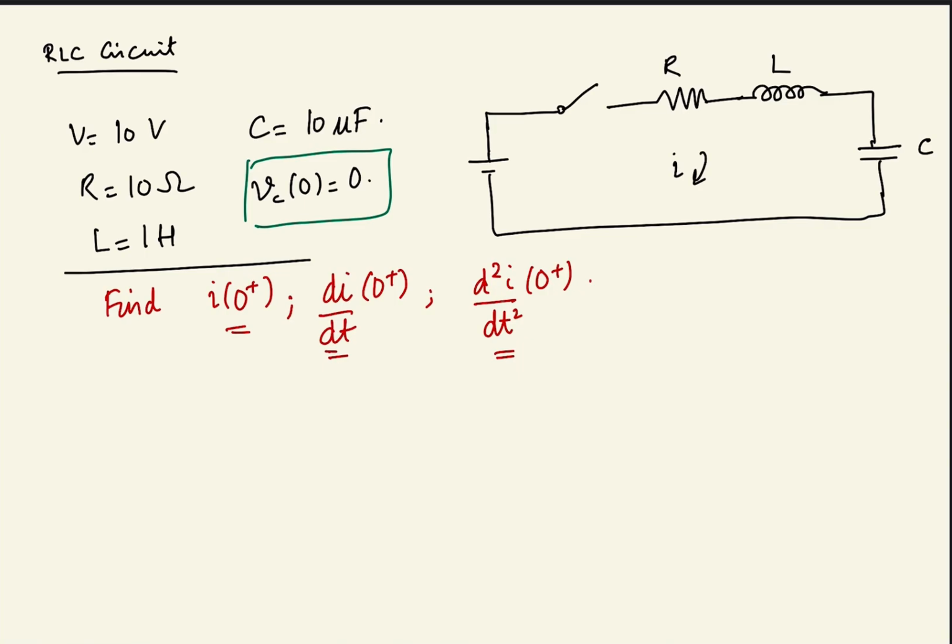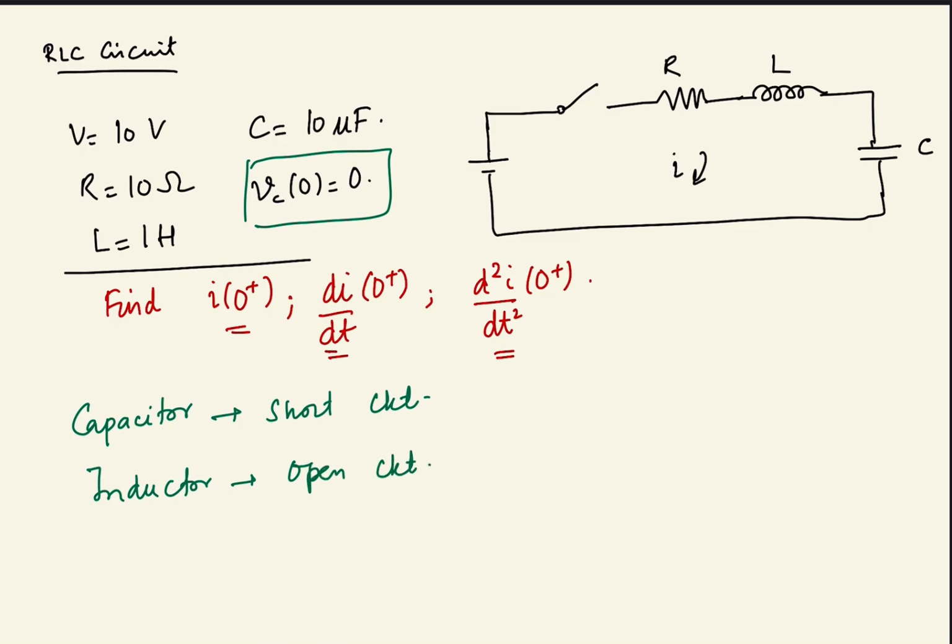Okay, now what are we supposed to do? Like I said in the previous lecture, we replace the capacitor by a short circuit, and inductor we replace by an open circuit, right?